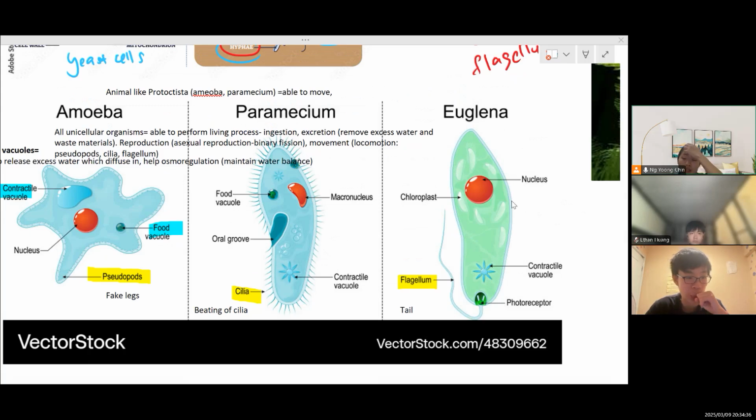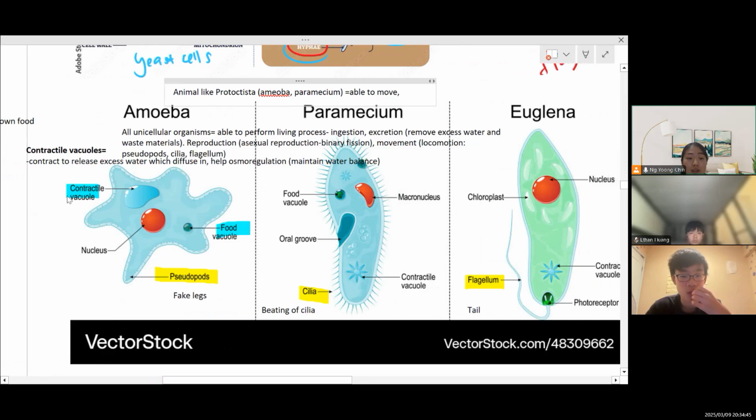Another characteristic you must take note of is the contractile vacuole. The contractile vacuole helps them excrete excess water out of the body, because it is able to perform contraction. When the vacuole expands, it allows water to move in.